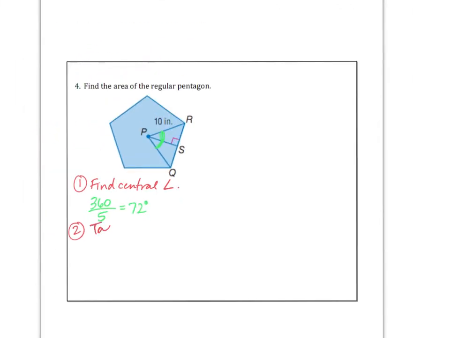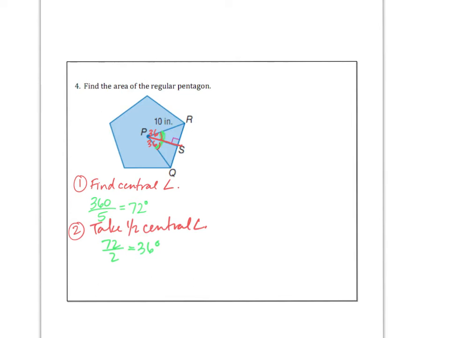So we take 72 and divide it in half, which is 36 degrees. So this side is 36 degrees and this side is also 36 degrees, but altogether, that central angle was 72.